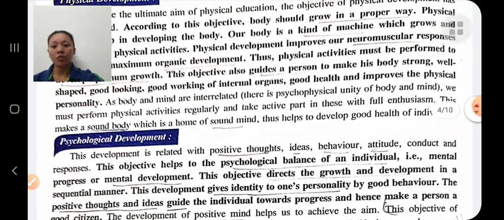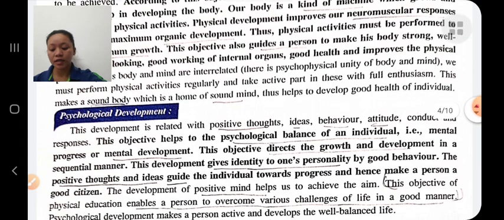If there is proper growth and development of an individual, this makes a sound body, which helps to bring a sound mind and develops good health in an individual.